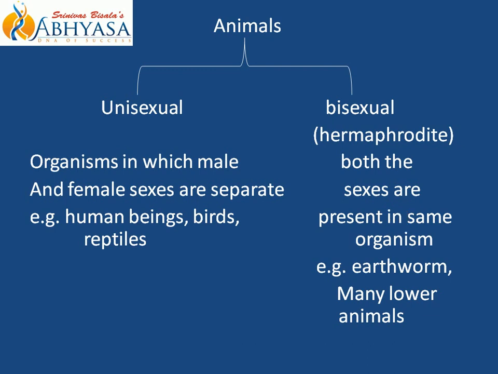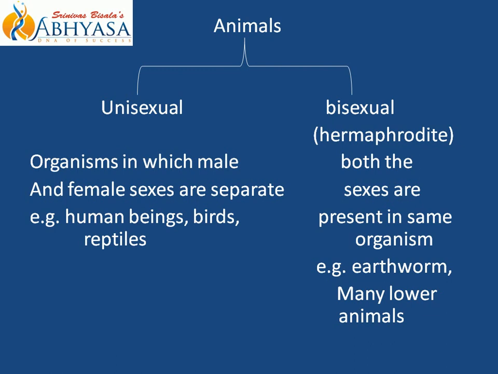When I am saying female sex, what does it mean? It means the entire female reproductive system. Now we know the reproductive system comprises primary sex organs and secondary sex organs, but here we are focusing mainly upon the primary sex organs. Primary sex organs are the testes and ovaries, because testes will produce male gametes and ovaries will produce female gametes.